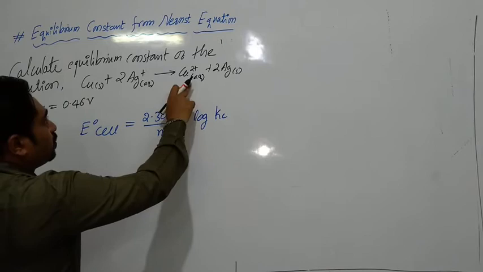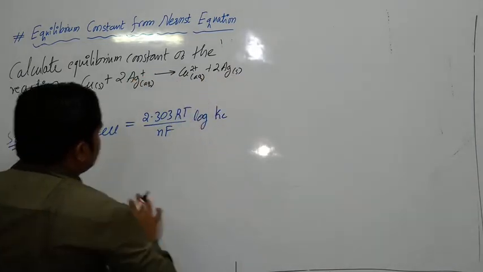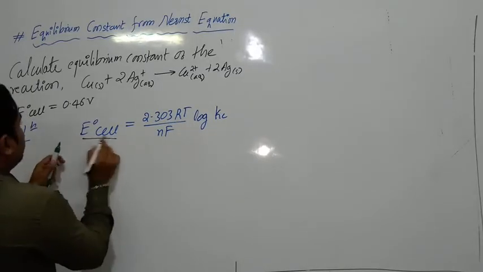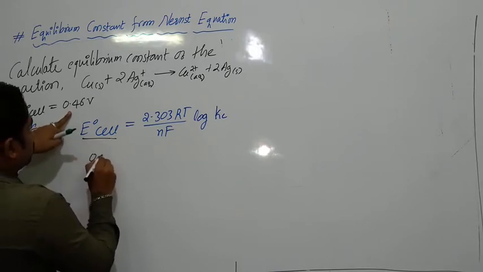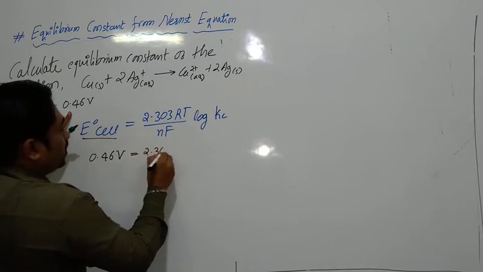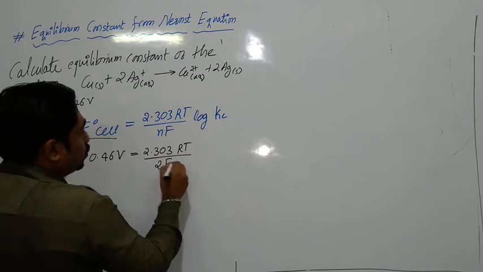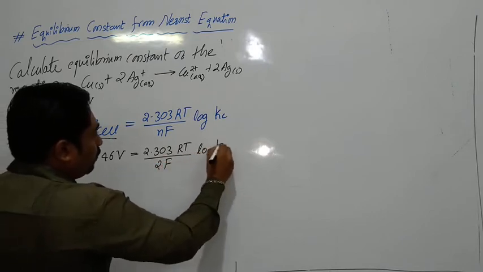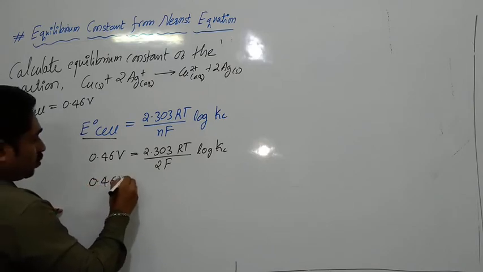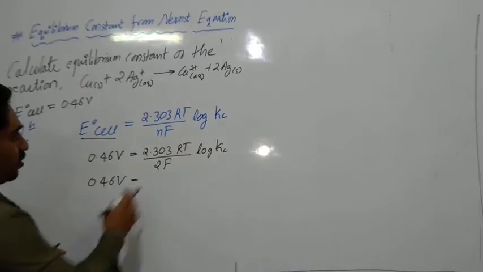Cu is converted into Cu2+, and Ag+ is converted into Ag, meaning 2 electrons are transferred in the chemical reaction. And they have also given the E naught cell value. E naught cell is equal to 0.46 volt, which equals 2.303 RT divided by 2F log of Kc.